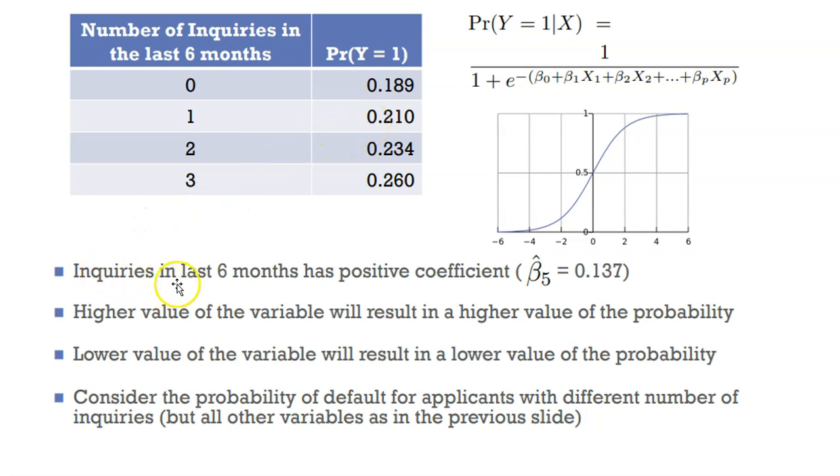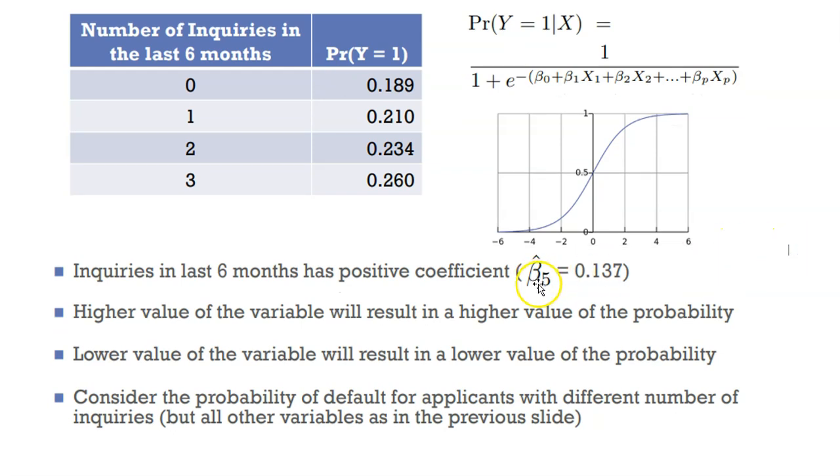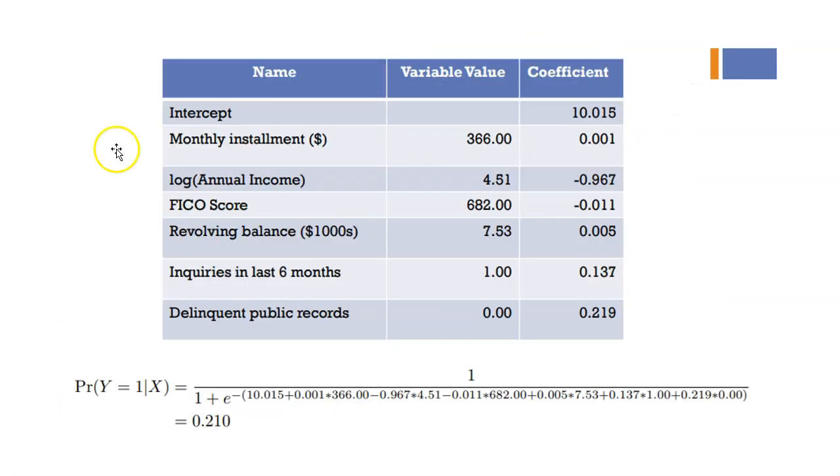So inquiries in the last 6 months has a positive coefficient in this case. And the coefficient, if you remember, beta 5, was 0.137. If you look here, 0.137 right there. It's inquiry in the last 6 months.